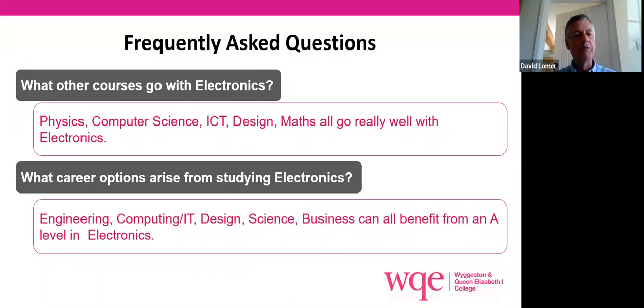In terms of career options, electronics is a form of engineering. It's one of the disciplines of engineering, but electronics in itself, even if you didn't go on to study electronic engineering later on, gives you a really good understanding of the engineering approach that you'll be applying in other engineering disciplines.